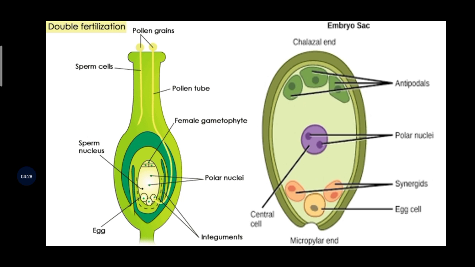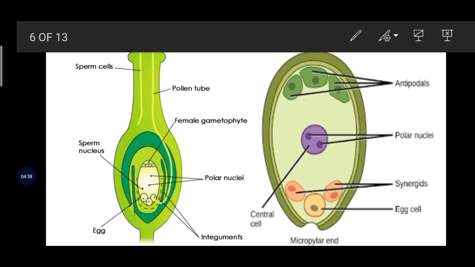Next here, in this diagram, we are able to find 1 pollen grain with the help of the pollen tube. After germination, 2 male gametes reach the ovule. And here the first male gamete fuses with the egg cell. Both the egg cell and the male nucleus are haploid, so the diploid zygote will be formed.